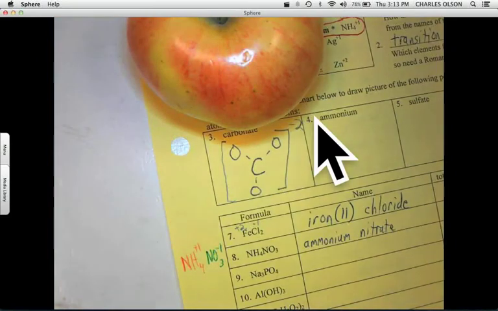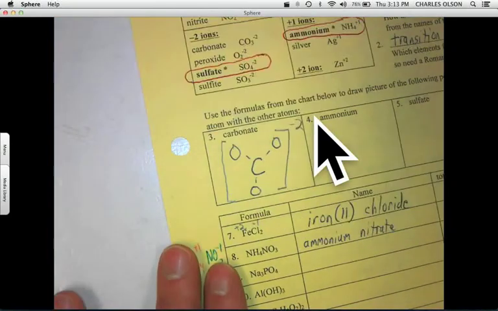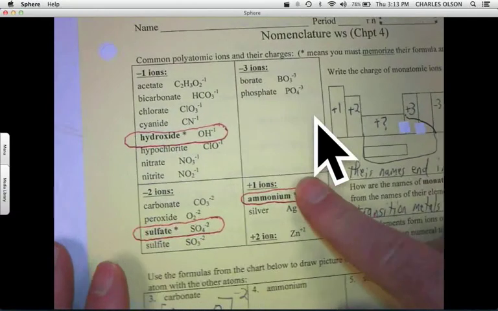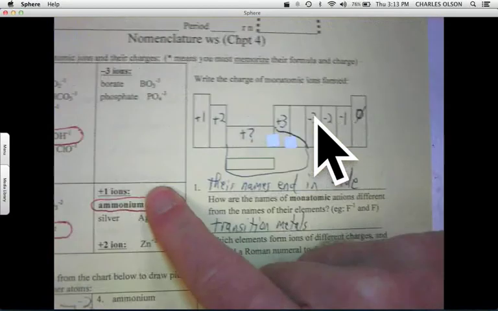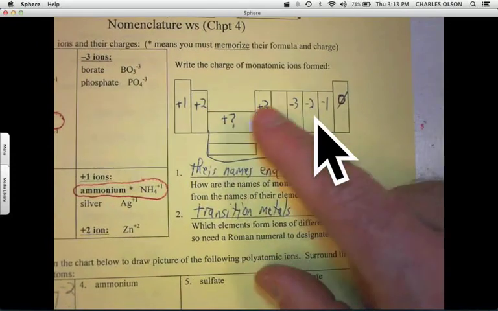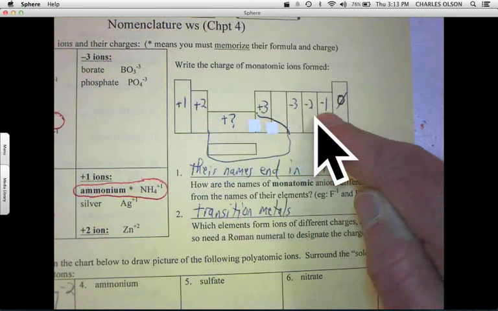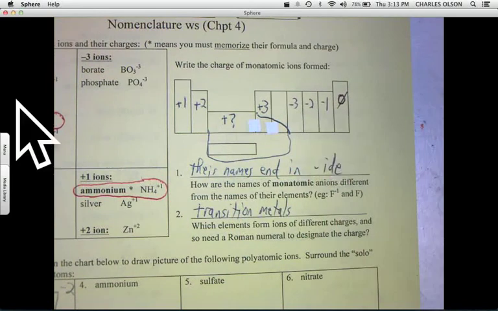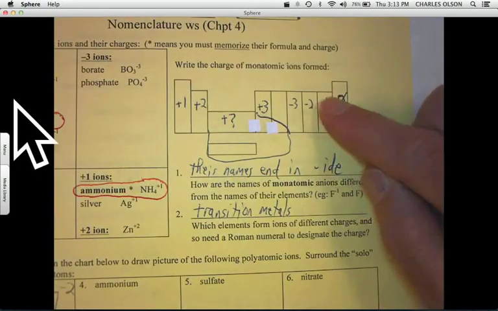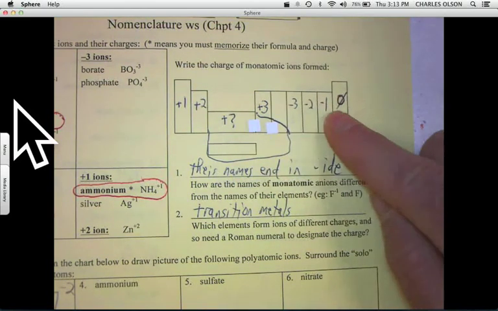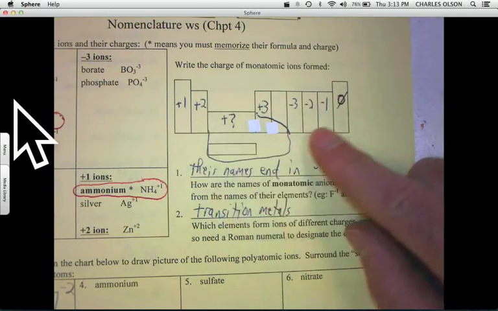Today we're going to do some problems from our nomenclature worksheet. Up at the top of our worksheet is a table of polyatomic ions that are very useful, and a reminder that for monatomic ions, ions consisting of a single atom, we can predict the charge based on where they are in the periodic table.